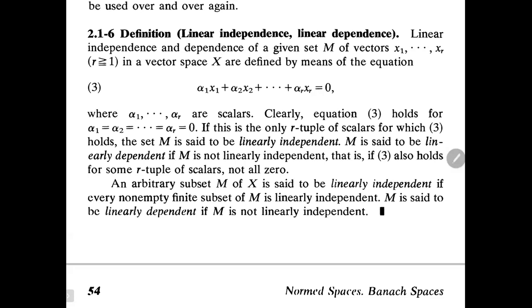That subset can have infinitely many vectors in it, or maybe uncountably infinite vectors in it. So what does it mean by linear independence of any arbitrary subset of a vector space?